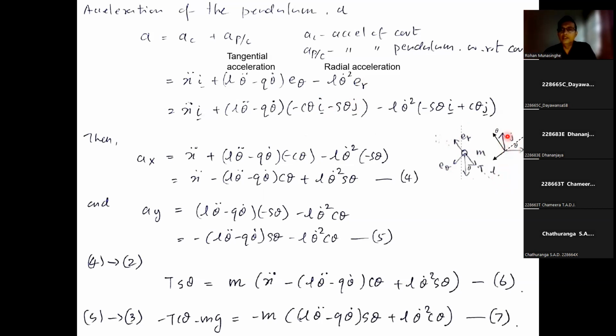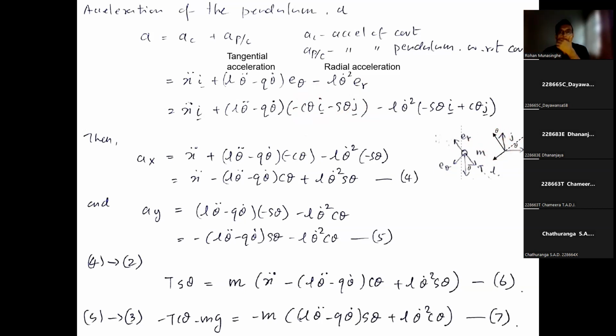So this is I, this is J, horizontal and vertical. And this is ER, E theta. So it's pretty obvious, right? What is E theta? E theta in this direction is cos theta I, then sine theta J, both are negative, like that, coming from this diagram.